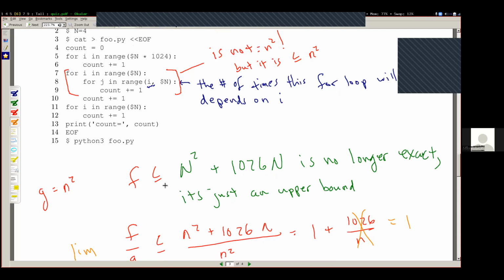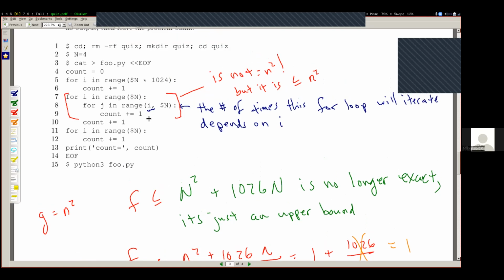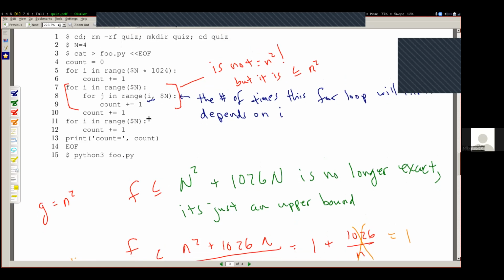Yeah, so the question is, if we're only talking about an upper bound, can we talk about a lower bound? And the answer is yes, we can. We just haven't done that yet. For any of these things, an example of a lower bound is 0, because the count value just starts off at 0 and we only possibly increment it.